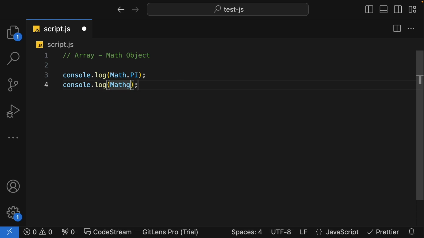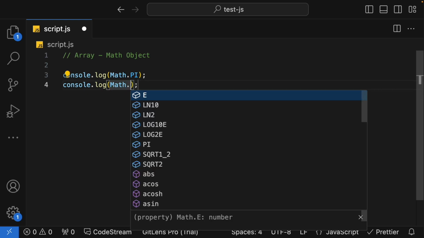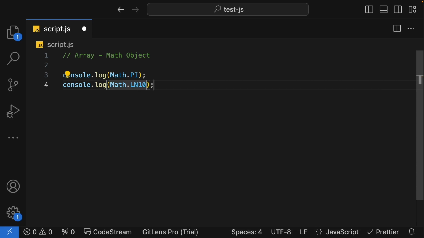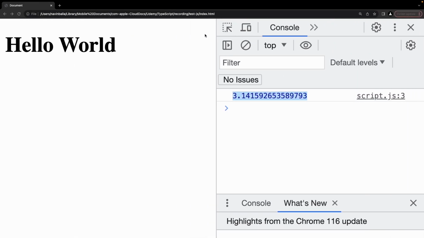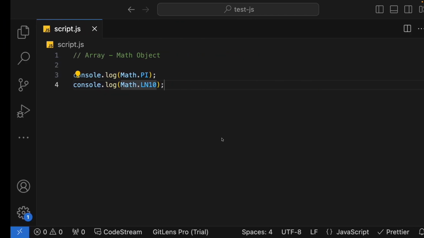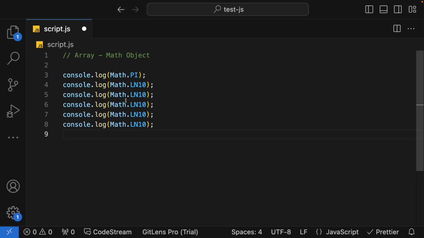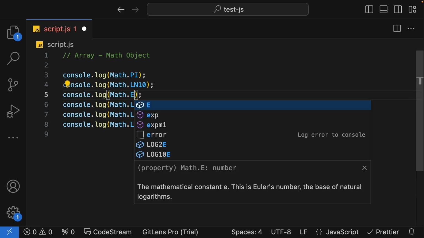For example, if I want the natural logarithm of 10, one constant is available for that, and let's see the value. This is the value for that. In a similar fashion, there are many more available. Let me add a few of those.